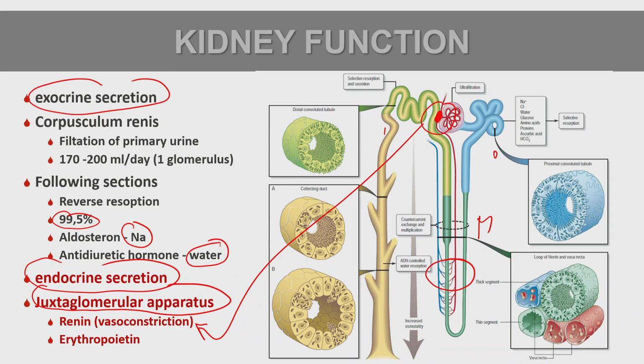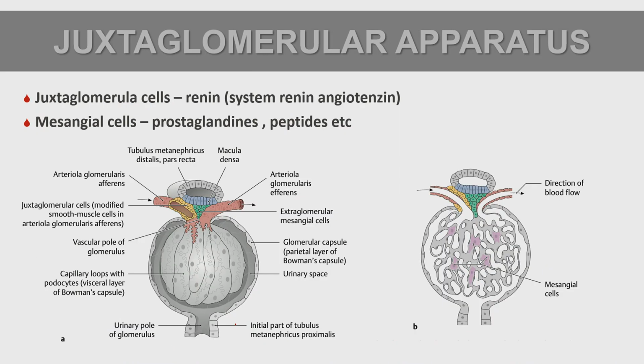So this is very important in the pathophysiology of hypertension, blood hypertension. And the second is erythropoietin, because blood could also be guided by the content of transported oxygen. When the red blood count is too low to support the perfusion of a kidney, erythropoietin is created, and erythropoietin increases production of erythrocytes in bone marrow.